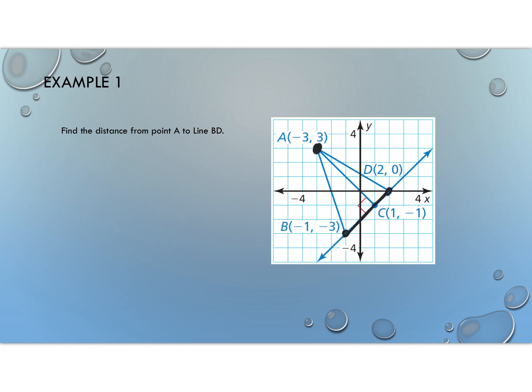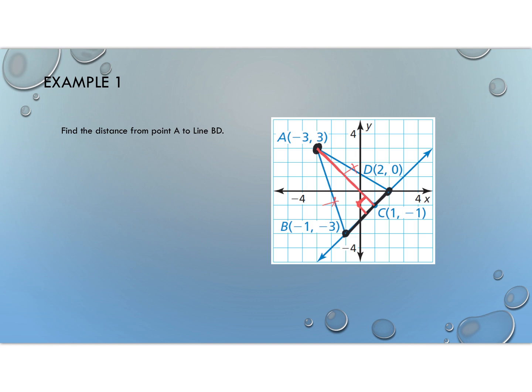So I have 3 lines there to look at, but if you notice, only one line is perpendicular. So this red line is the only perpendicular line there, and so that red line is going to be the distance between the point and the line. The other 2 lines, we are not going to use, because, yes, they are lines, but they're not the line that's going to represent the distance.